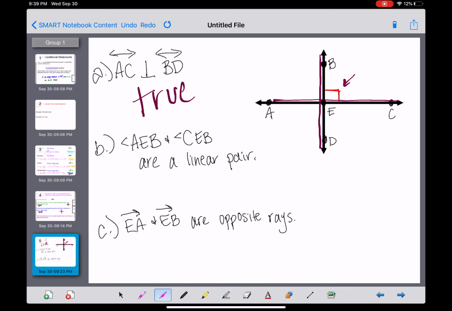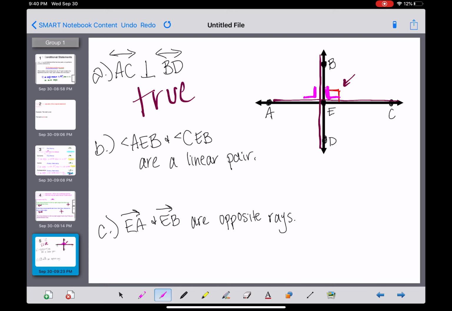Angle AEB, so we're looking at this angle here, and angle CEB. AEB is right here, and AEB and CEB are a linear pair. So thanks to our 90-degree box, we know that BEC is a 90-degree angle.